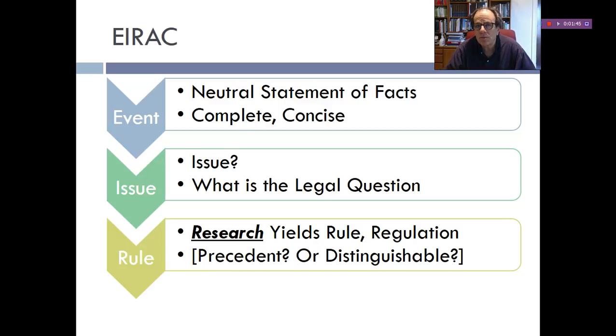We want to be neutral in our statement of facts. Oftentimes, as we read a case, we will begin to side with one side or the other, which can color our rendition of the facts. We may not be quite as neutral as we could have been. By neutral, I mean put all the facts in, even those that are not favorable to the side that we think wins or that the court ultimately decided wins.